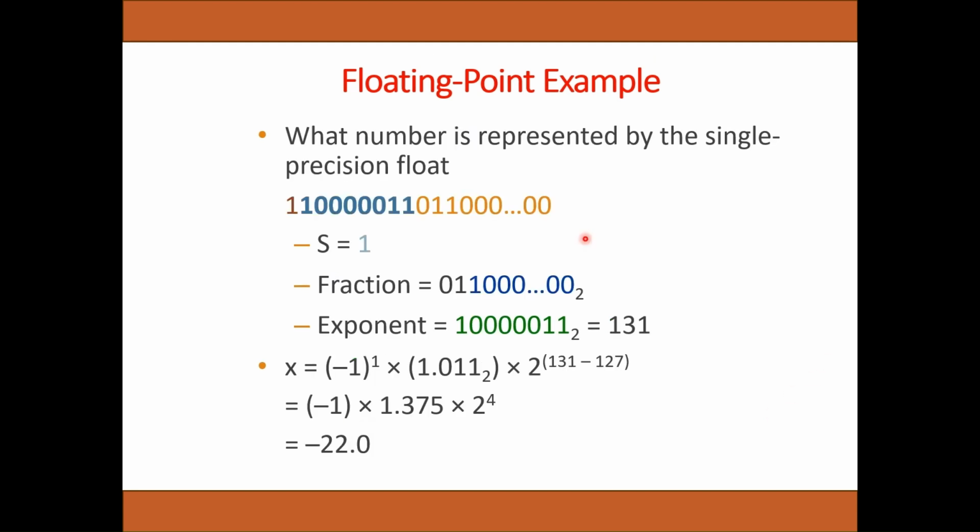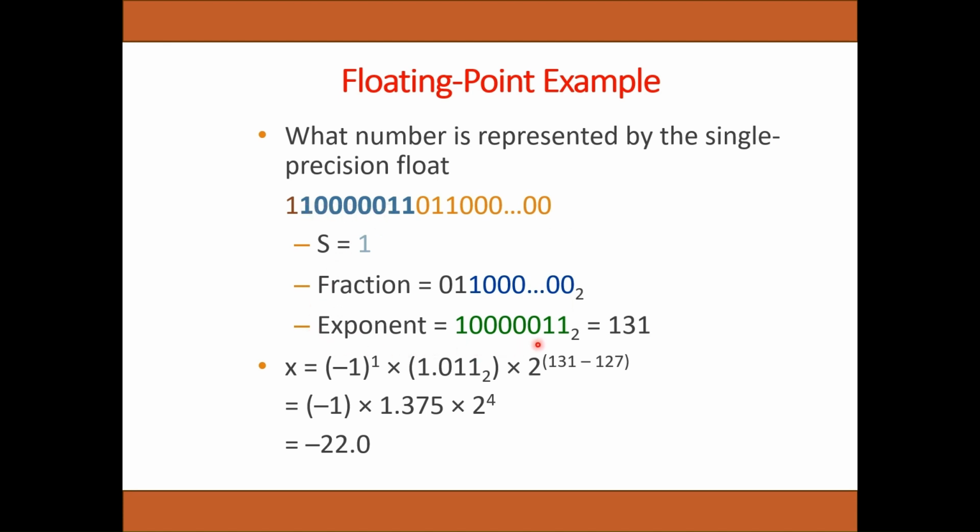Now let's do the conversion the other way, from floating point number to decimal. Suppose we have this number represented as a single precision floating point number. We have to find what decimal number it represents. We already know the sign bit is 1, and the fraction part is this 0, 1, 1 here, and the exponent is this.